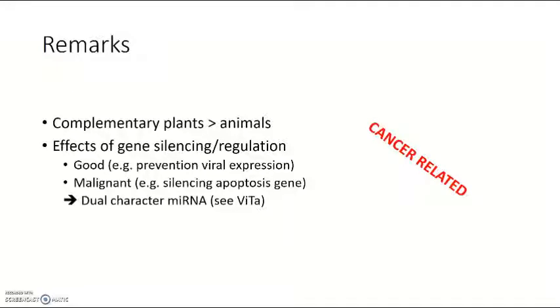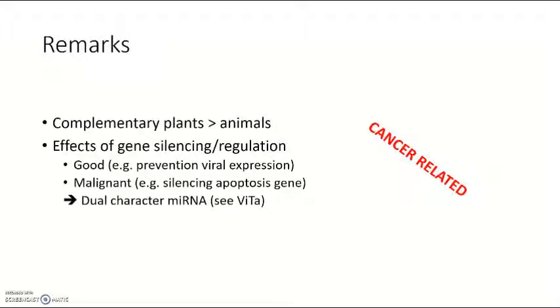It should also be noted that there are both good and bad effects to gene silencing. A good effect might be the repression of viral proteins from being formed, while a malignant effect could be the silencing of an apoptosis gene for a certain cell family.